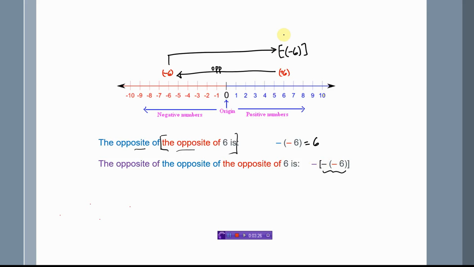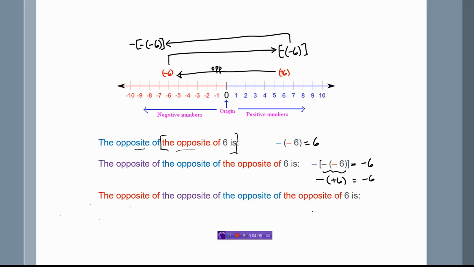I'm taking the opposite of this term, which will take me back down here, to negative 6. So again, what happened was we had two of these negatives coming together and getting a positive, and then the negative times positive is negative 6.